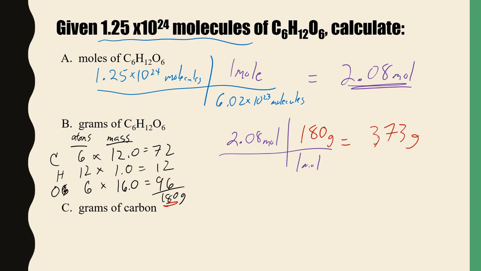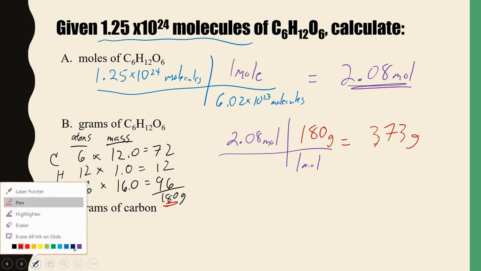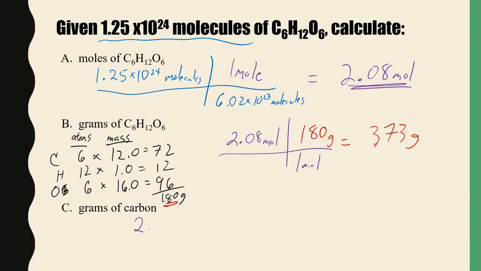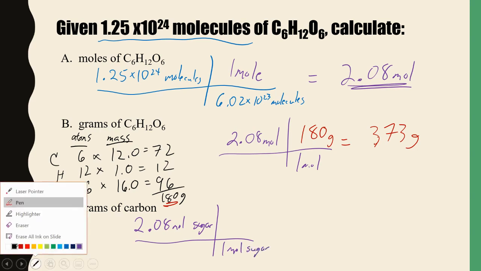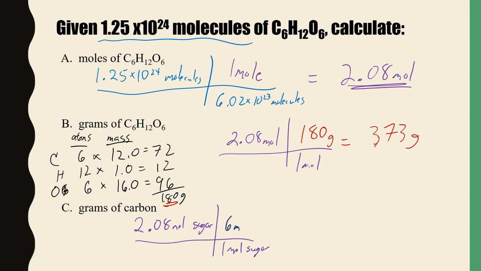There's 2 ways to do this. We can start with the moles again. So we can start with that 2.08 moles of sugar. And we know that for every 1 mole of sugar, there are 6 moles of carbon. And that for every 1 mole of carbon, there are 12 grams.